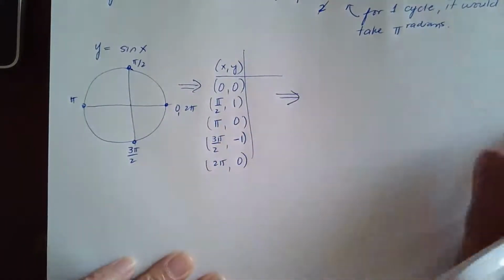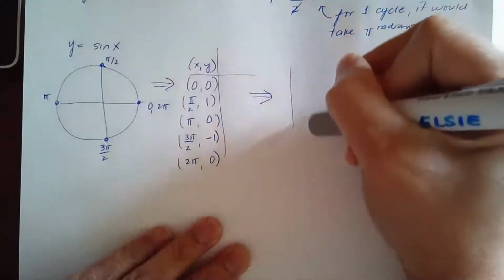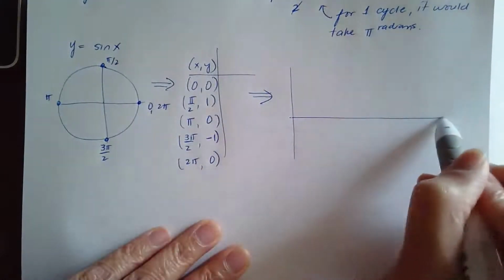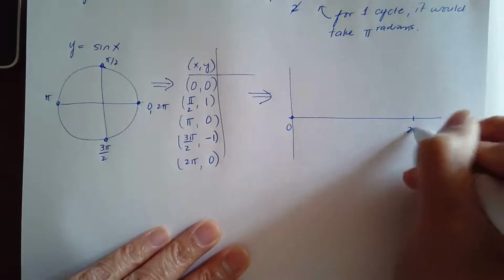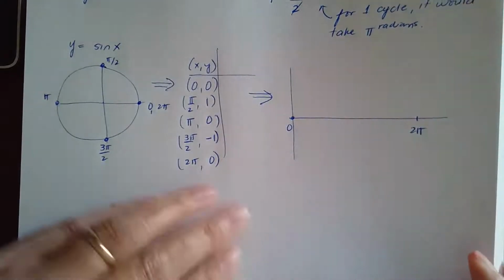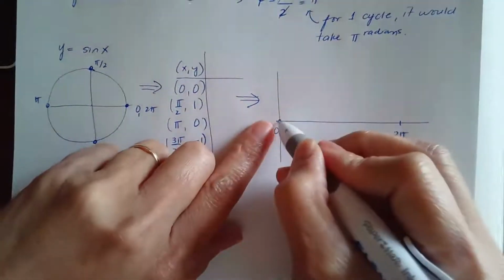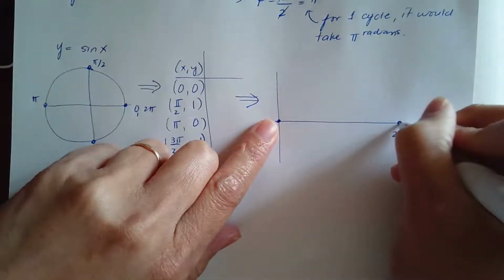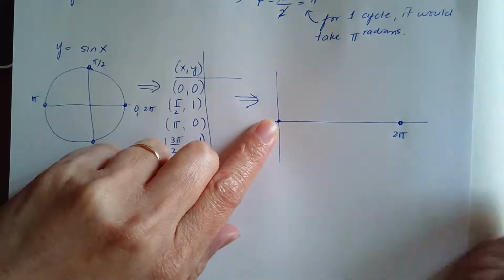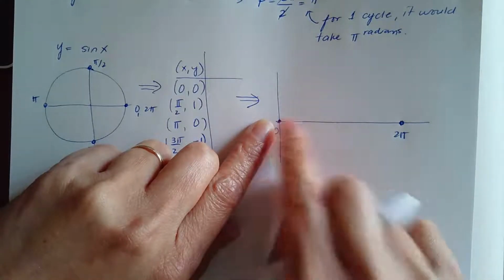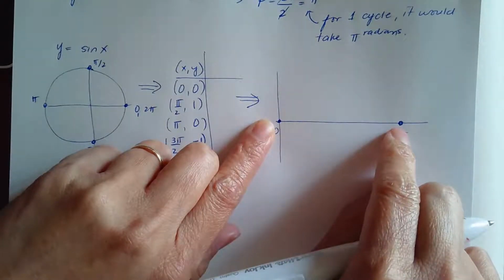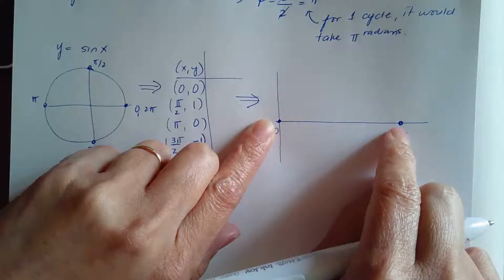And now the graph, 0 to 2 pi. Remember the basic one: it starts at 0 and ends at 0. That's one complete cycle.